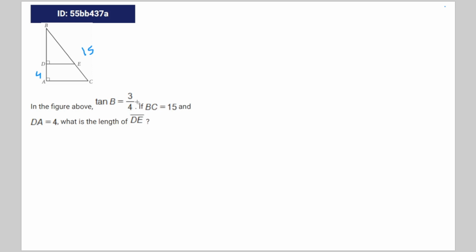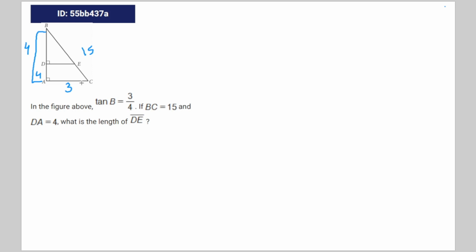Okay, so we know that tan of B is equal to 3 divided by 4. We don't really know what AC or BA actually is, but we do know the ratio between them. Opposite for tan B is going to be 3, and for BA that's going to be adjacent, so 4.